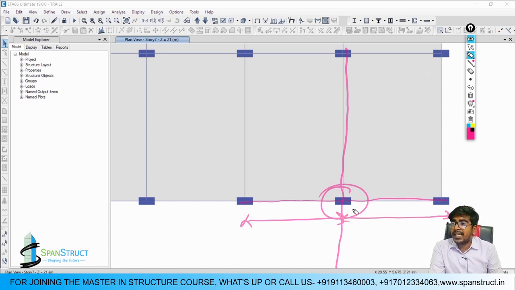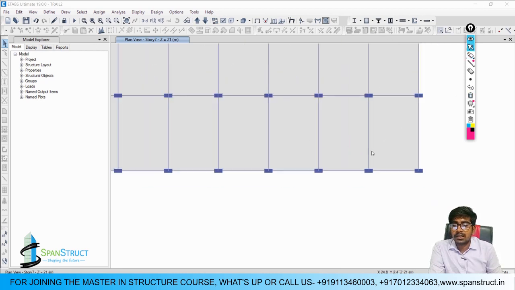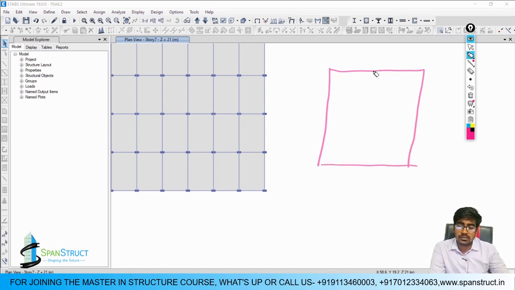So in these columns, you will have the effect of uniaxial bending. If you look at the interaction diagram of uniaxial bending, it will look something like this. I am going to draw the uniaxial bending interaction diagram here. If this is the y axis and this is the x axis, the bending you will find is in either of the axes, giving Mux here and Muy here.